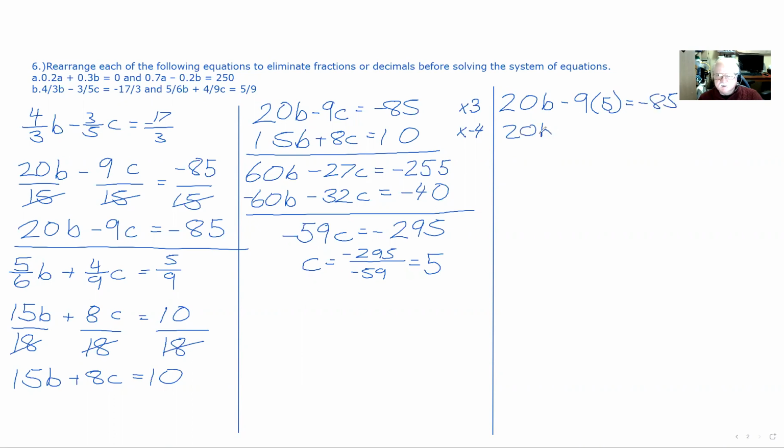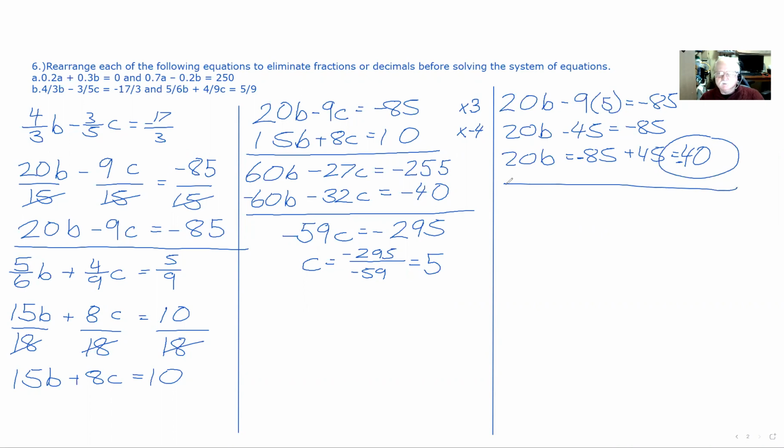So 20b take away 45 equals negative 85. 20b equals 85 plus 45, negative 85. And I'm hoping that turns out to be a negative 40. So we got one answer of negative 40.